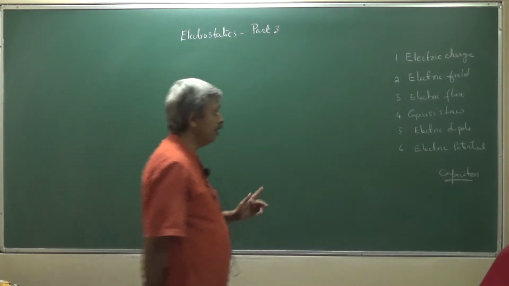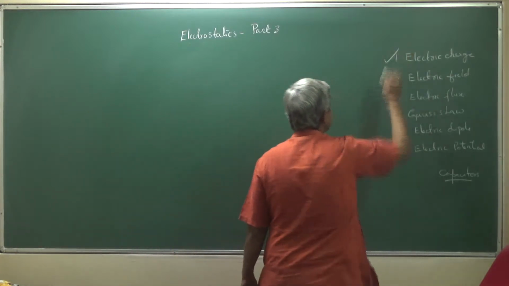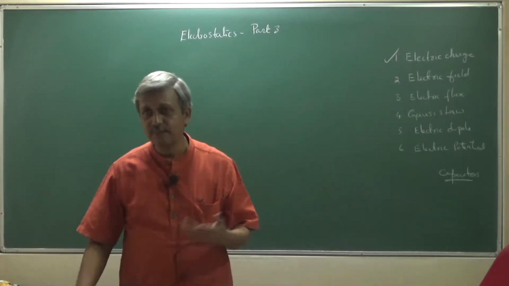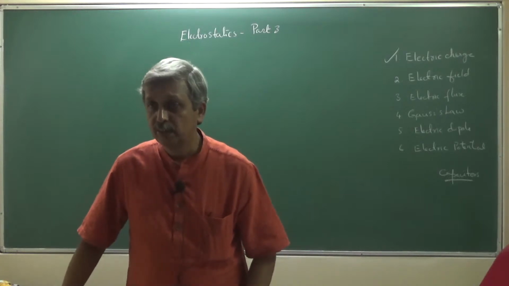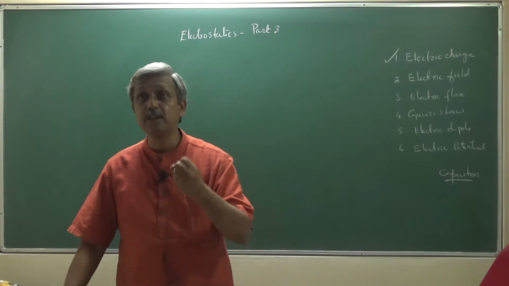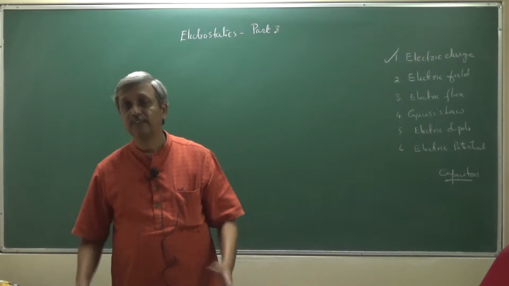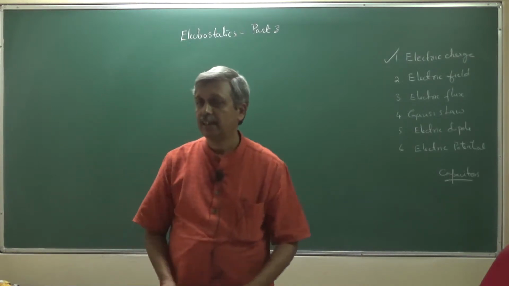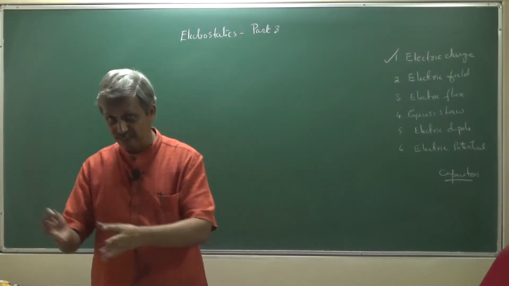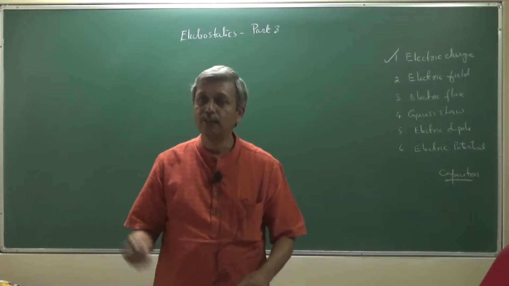And here, when a charge is standing, we studied a lot of properties of charges, and we also studied the electric field. What is the meaning of electric field? Which is around the charge. It is nothing but the electric force, the force on a unit positive charge.